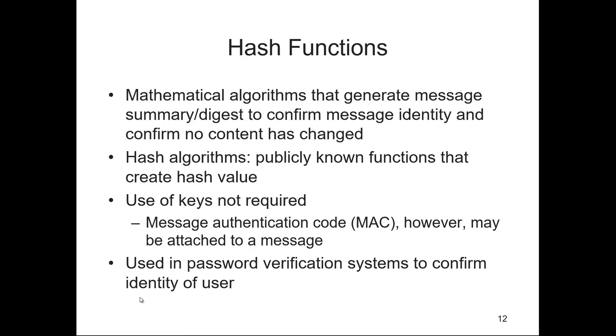The recipients must possess the key to access the message digest and to confirm message integrity. If the message can be authenticated, then you can open the message and you will be able to understand the content of the message.